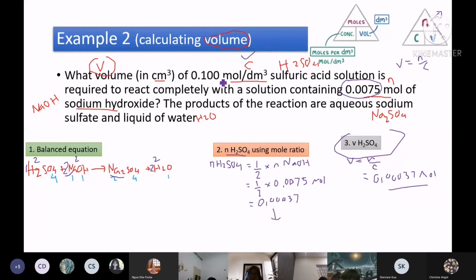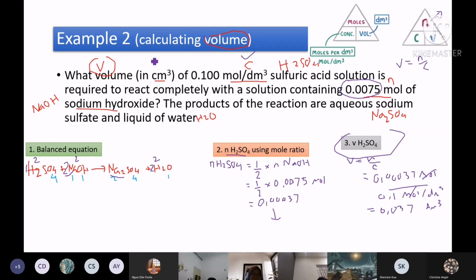This is the concentration of sulfuric acid, 0.1 mole over dm cube. You can cancel mole and mole. So dm to the minus 3 will change into dm cube. What is the answer? The volume with the unit dm cube? 0.037.